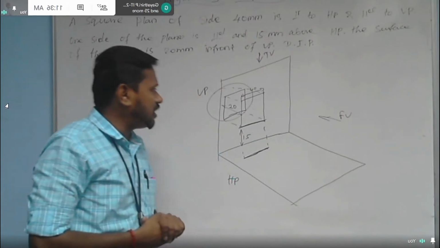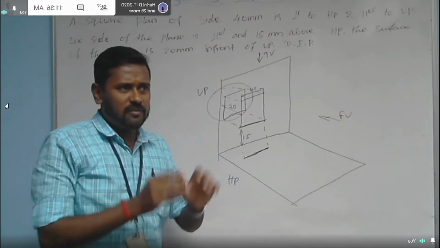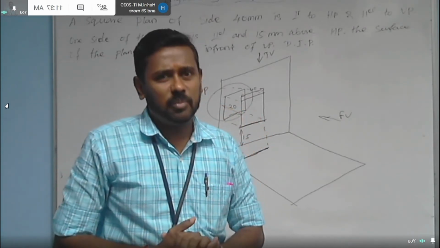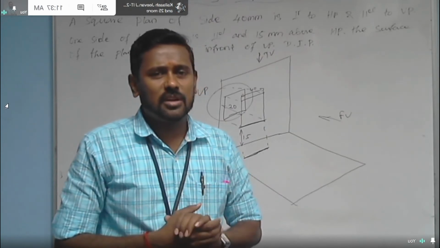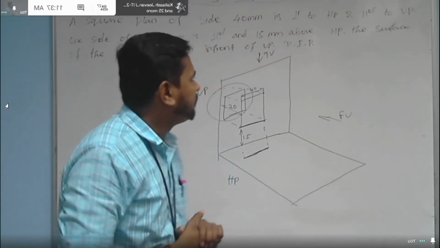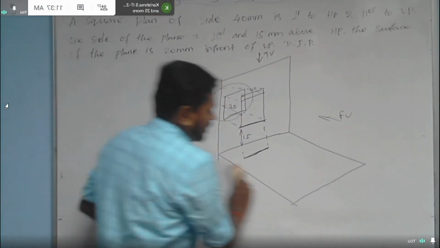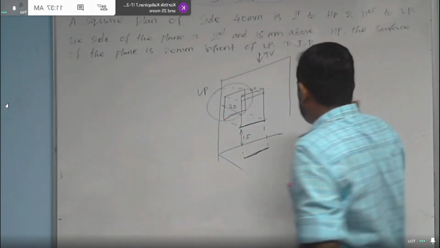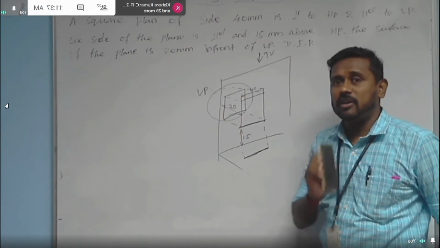So in this way, we are going to draw the front and top views on the paper, along with some standard norms and regulations of orthographic projections. Let me rub off this rough work and we can draw the answer. Primarily you need to know the base shape.